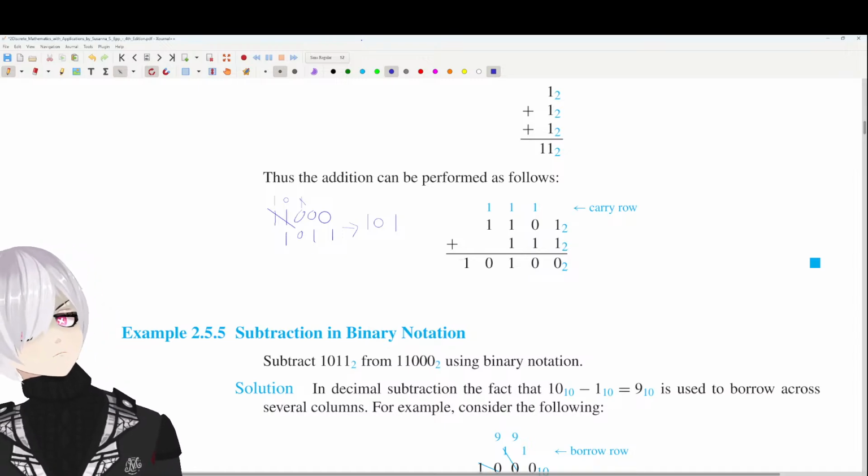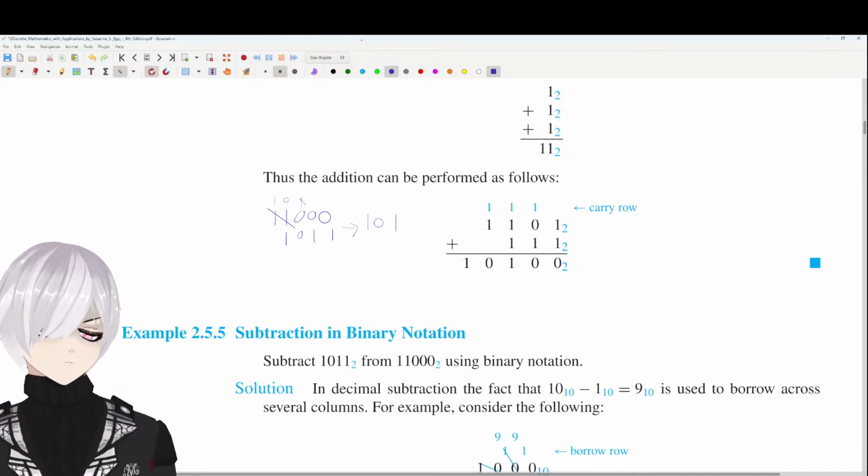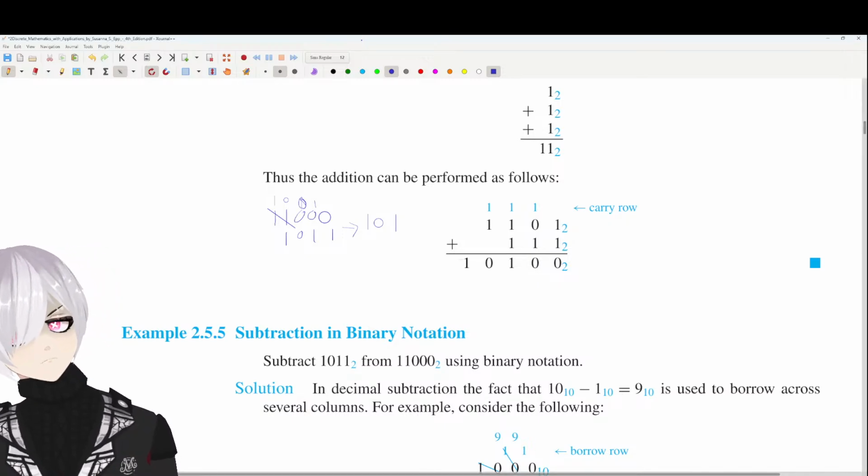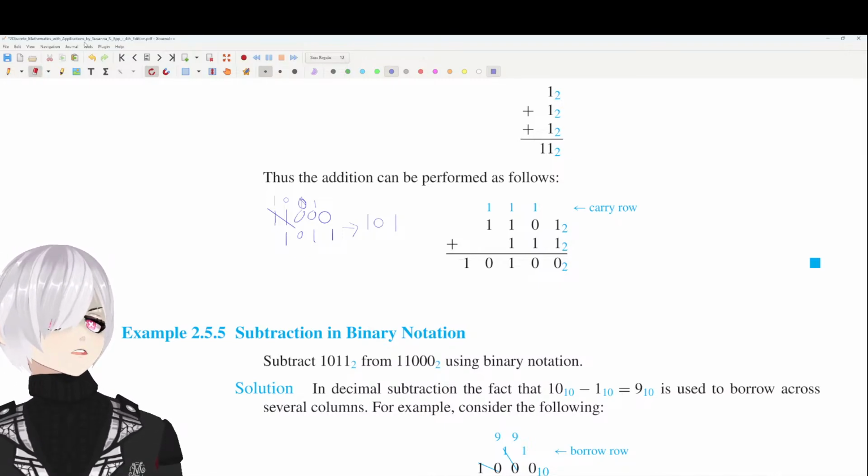The third column? Yeah, the one that's 0 minus 0. So the 0 at the top became a 1 0 when it borrowed a 1, but now it is itself donating a 1. Right, so it turns into 1. Oh, interesting.